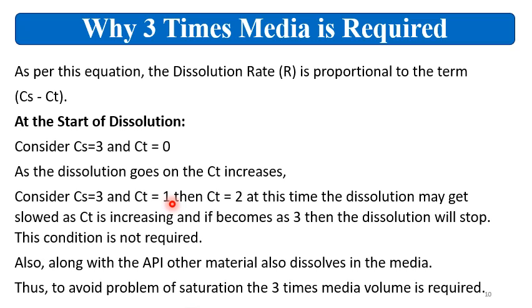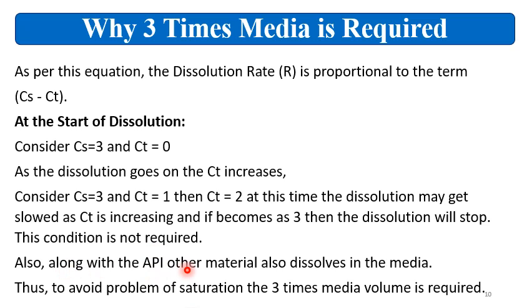Then Ct will go on increasing to 2 and it may go to 3. When Cs and Ct are equal to each other, then the dissolution stops. That's why if Ct is equal to 2, at this time the dissolution may get slowed as Ct is increasing, and if it becomes 3, then the dissolution will stop. This condition is not required.